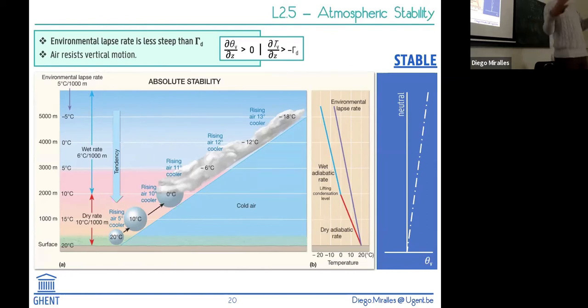Not stable, not unstable, neutral. That vertical line means the entire atmosphere, the real environmental lapse rate, has the same virtual potential temperature all the way through. So when you move a parcel out, it will find itself at the same temperature as the surroundings. Okay.